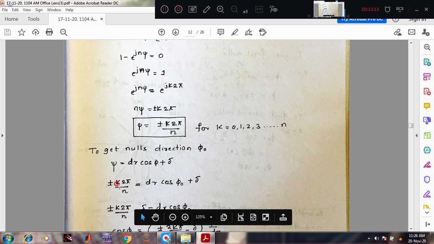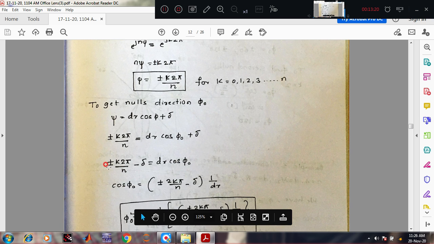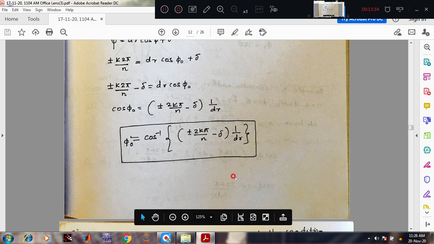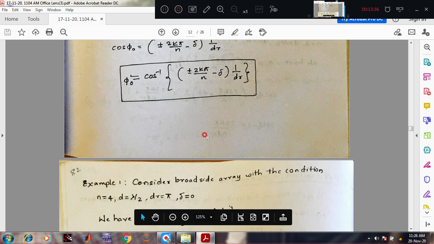So plus or minus 2k pi by n is equal to dr cos phi naught plus delta. Therefore phi naught will be cos inverse of the bracket plus or minus 2k pi by n minus delta, divided by dr. This is a very important relation.